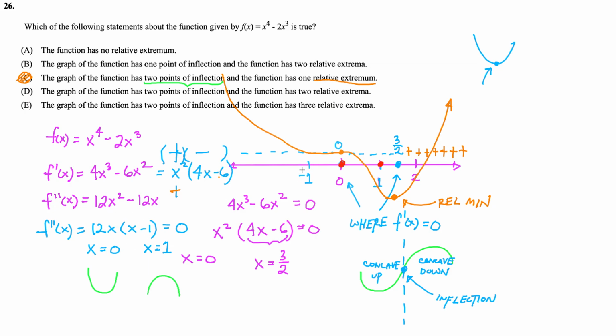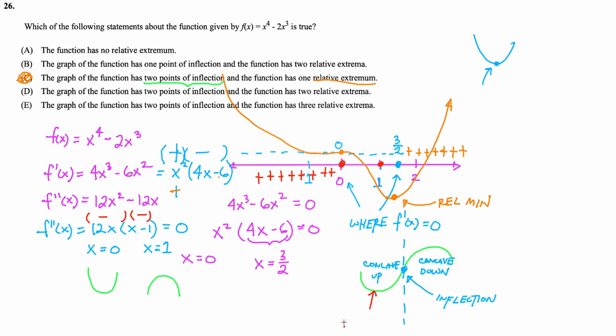So -1 into the second derivative gives me a negative times a negative, because -1 times 12 is -12. Then -1 minus 1 is negative. Negative times a negative is positive. So my function is concave up all the way to 0 because the second derivative is positive.